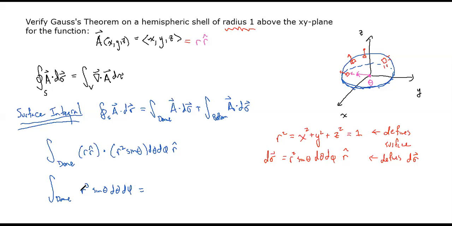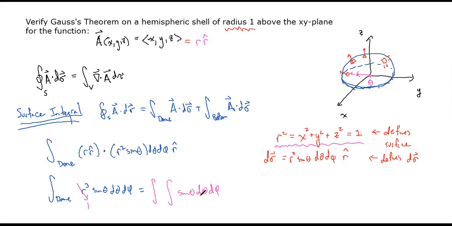Specifically, the numerical value of 1. Yeah, right? And that's just because we're on this unit sphere. So that's really nice. And then we have the integral of sine theta d theta d phi.